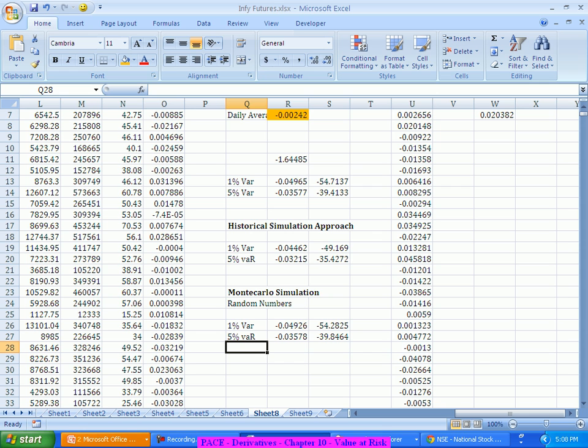Through any of the approaches I do, the number should come down drastically. Only then it is worth adding that particular security to your portfolio. So that way value at risk is one important and powerful tool, especially in the risk management industry today. Right?